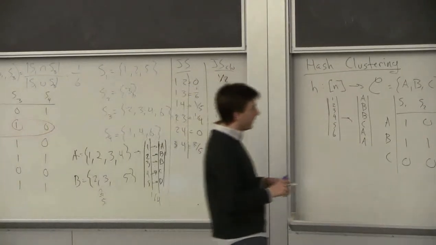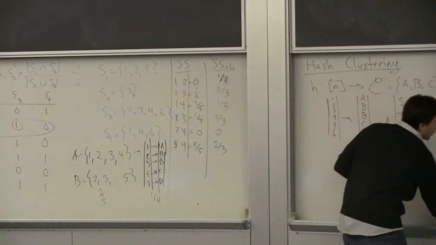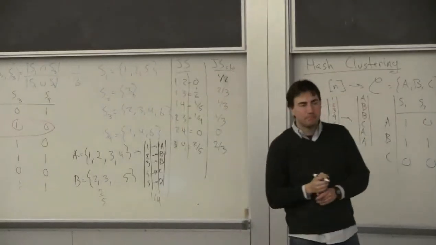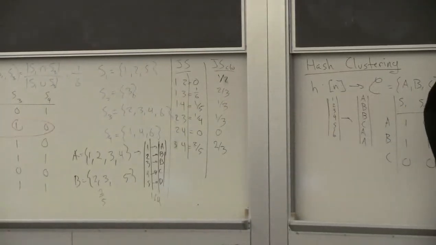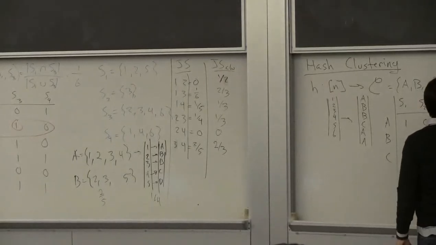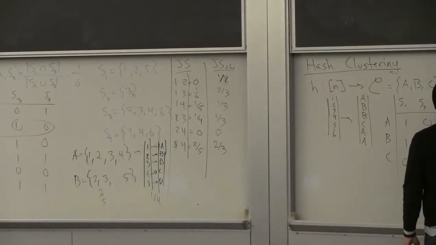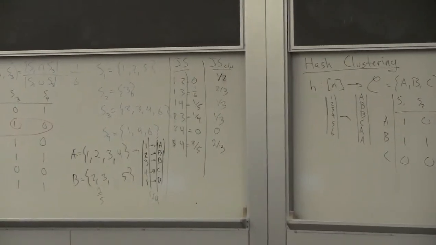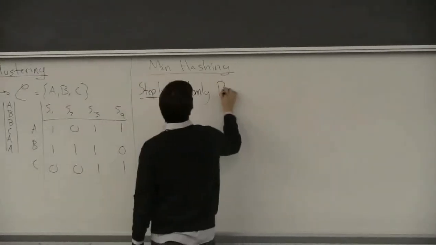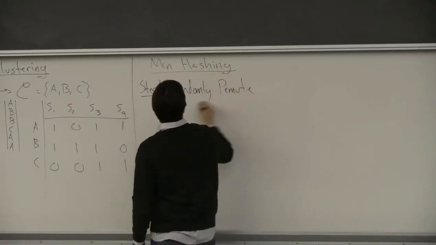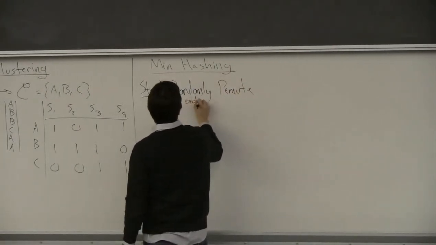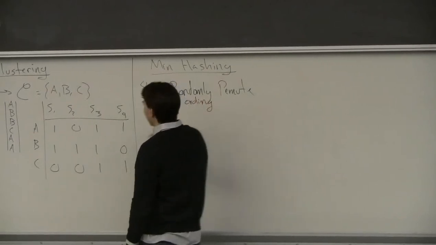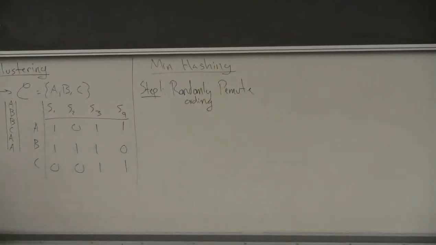All right, so let me try and describe min hashing now. Okay, so it's going to have 3 steps here. So step 1, I'm going to randomly permute the ordering of the elements.